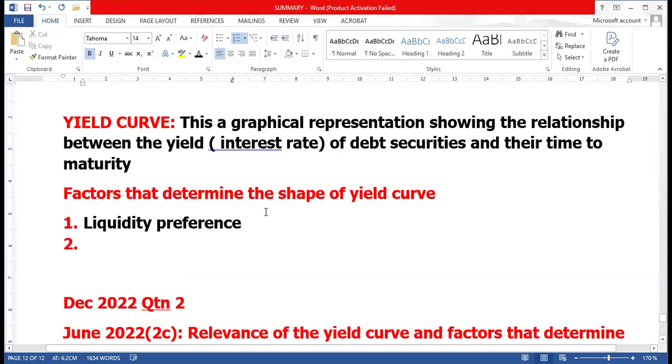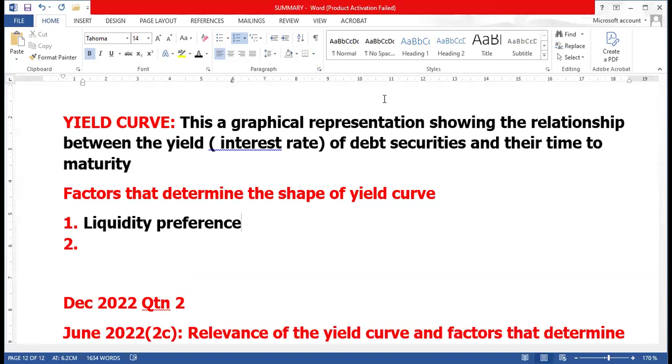Remember, we have a curve. On the vertical axis, you put a parameter. On the horizontal axis, you also put a parameter, that is time to maturity. Depending on what you're putting on the vertical axis, what do we put?